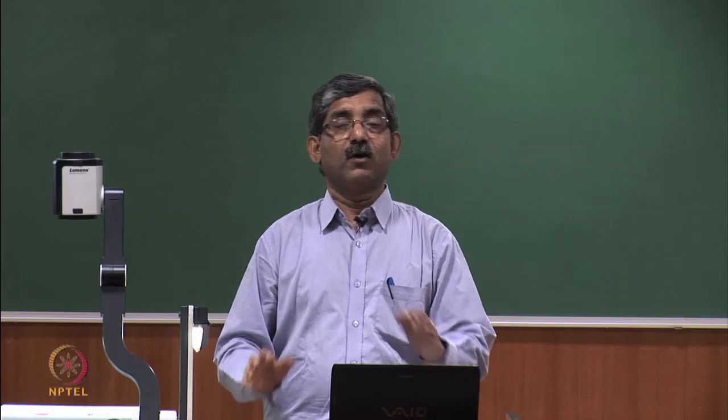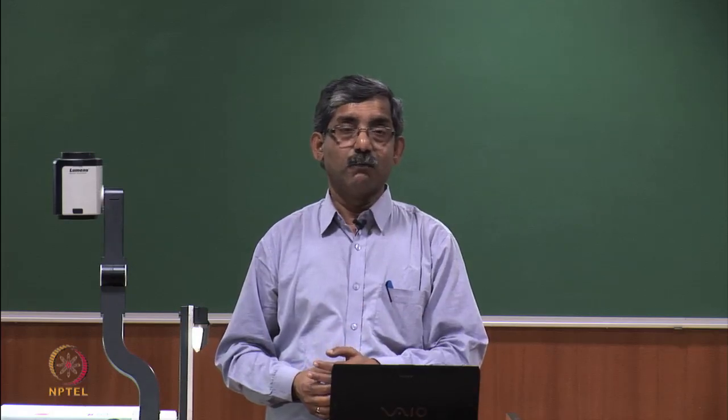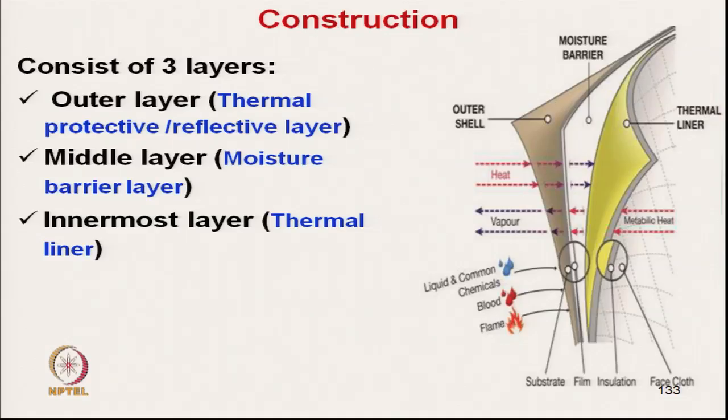The construction is that most firefighter clothing has 3 layers. The outer layer is the thermal protective or reflective layer, and the middle layer is the moisture barrier layer. That means it will not allow water molecules to come inside, but it will allow moisture vapor to pass through.